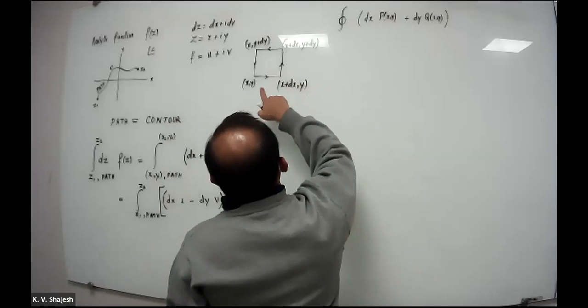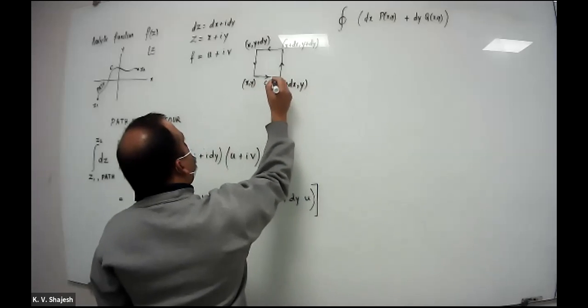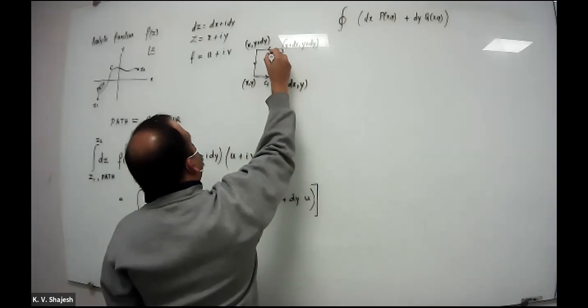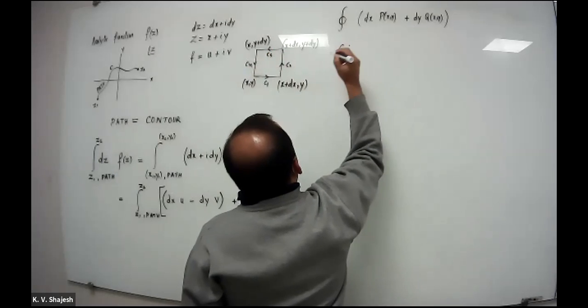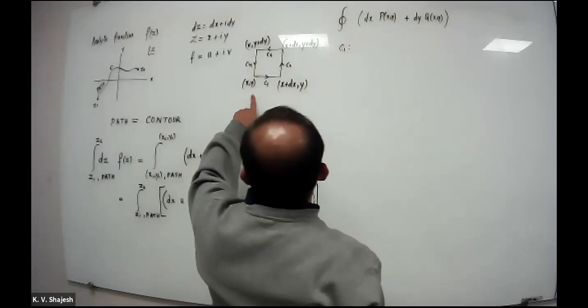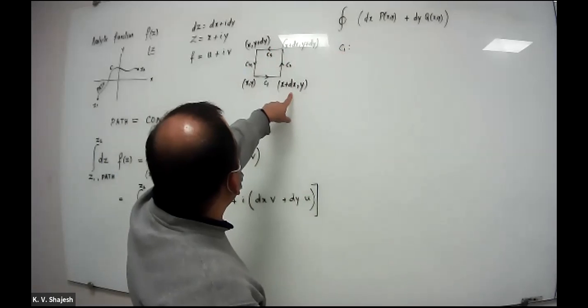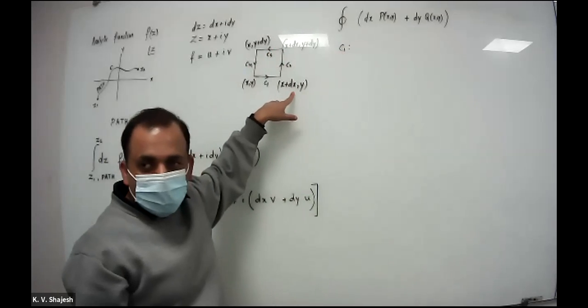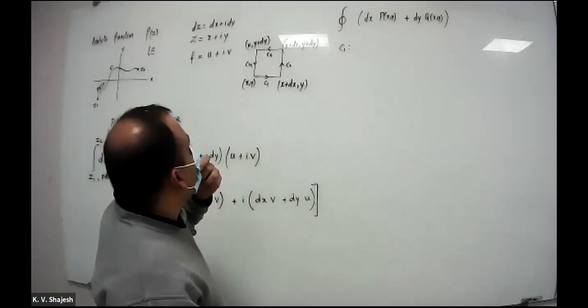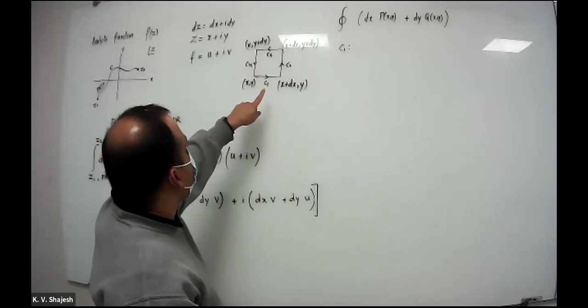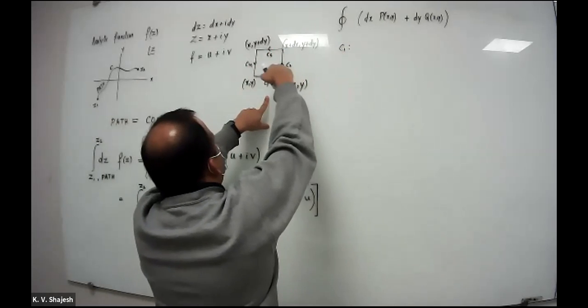So this is C1, this is C2, this is C3, so that's C4. On the contour C1, my dx is finite, but dy is 0. So it is dx times the value of the function.